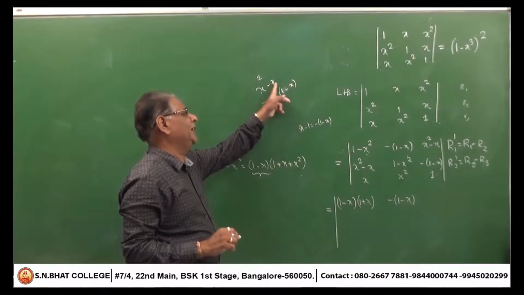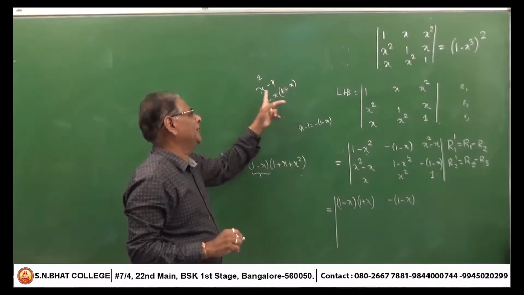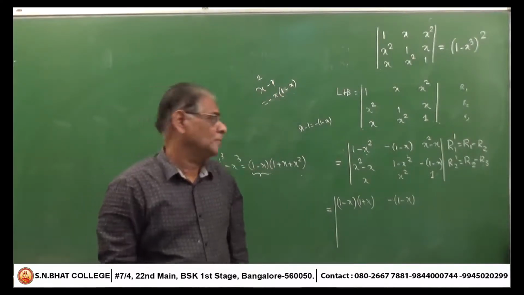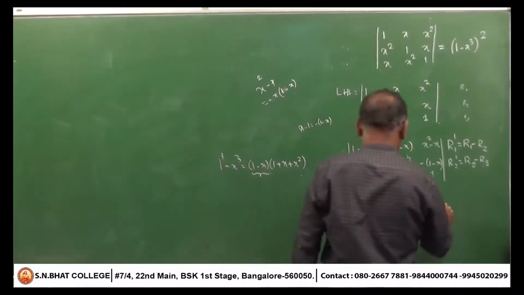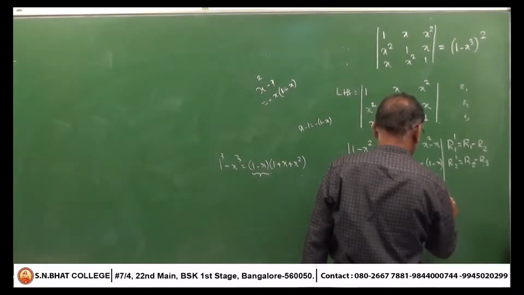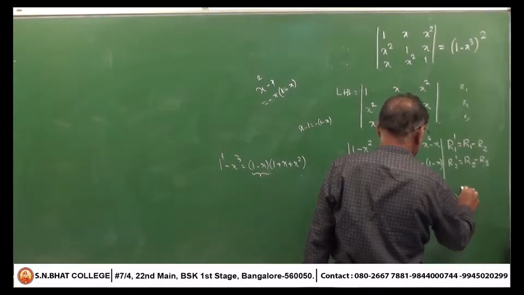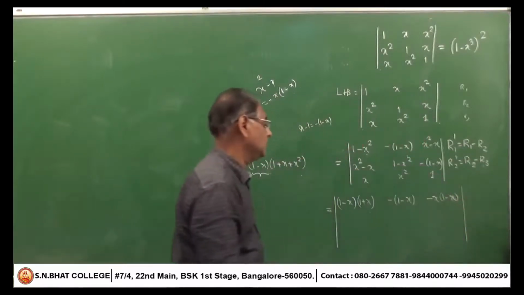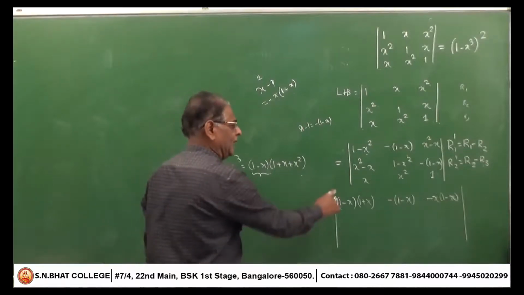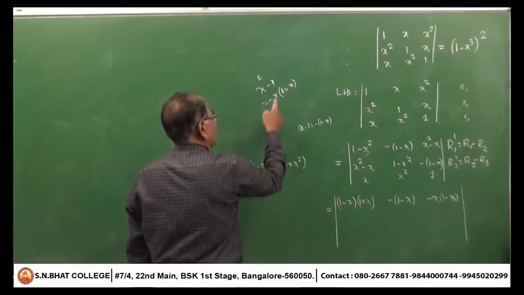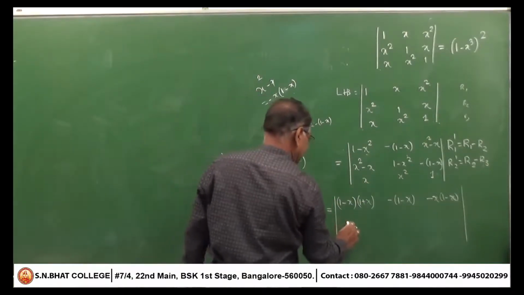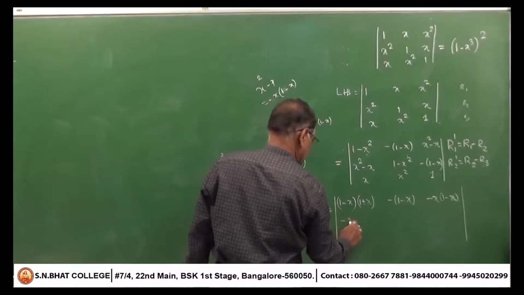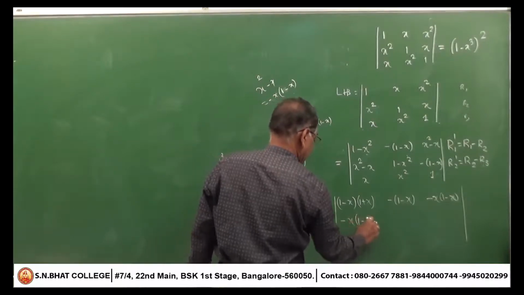Minus x into 1 is minus x, into minus x is plus x square. Next, second row element is x square minus x, that is minus x into 1 minus x.